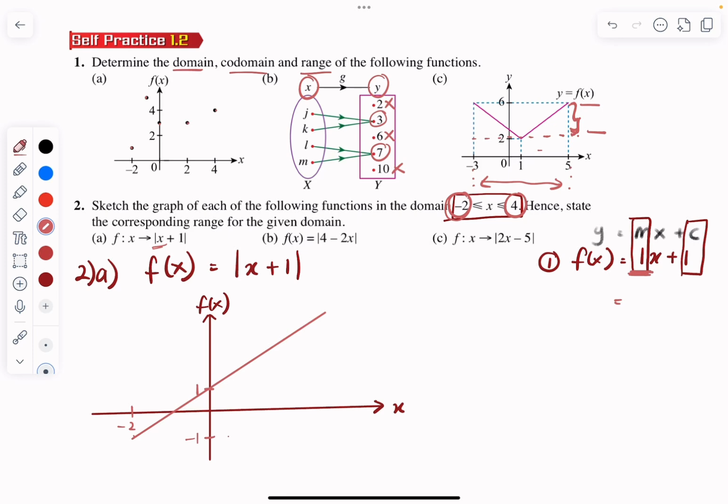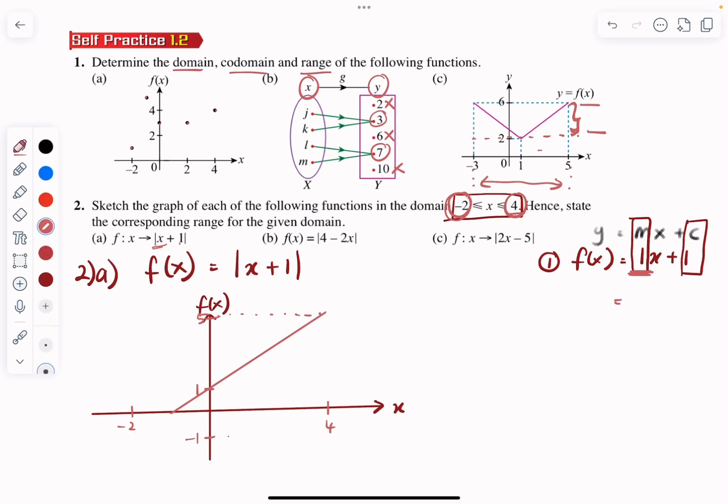Then when x is 4, 4 plus 1 is 5. So when x is 4, the y value here is 5. So this is the f(x) graph. Now we have to modulus it. When you want to modulus this, whatever is underneath the axis here will flip.